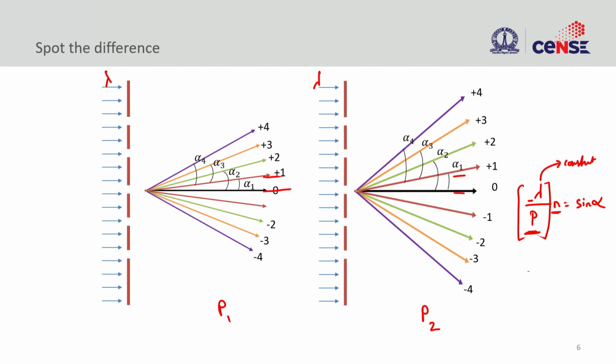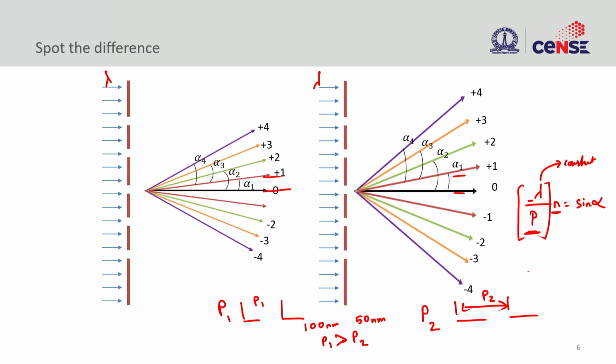So that means the distance between these slits, P1, is now larger than P2. Just to give you an example, P1 could be 100 nanometers and P2 could be 50 nanometers, the spacing.